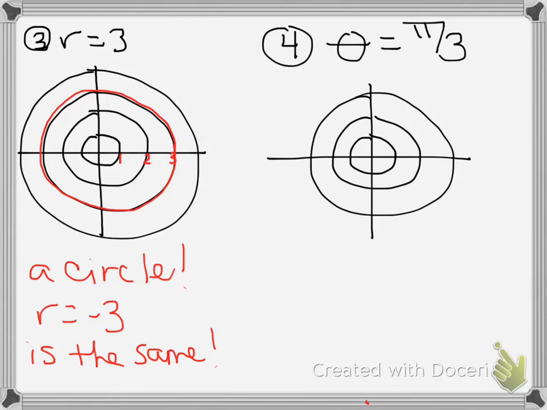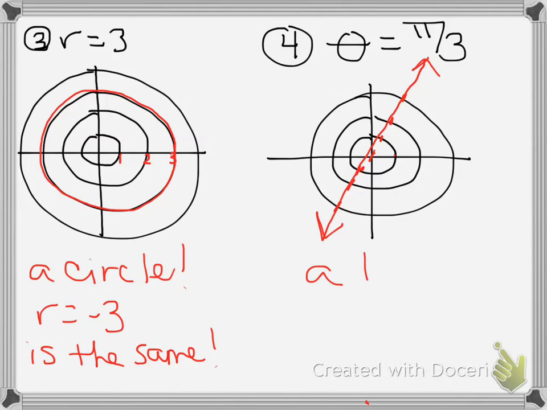Then we have r1, theta pi over 3; r2, theta pi over 3; so there's 2 pi over 3, 3 pi over 3. Then we can go backwards to r equals -1, theta pi over 3, -2, pi over 3, -3, pi over 3. So what shape does this graph make?